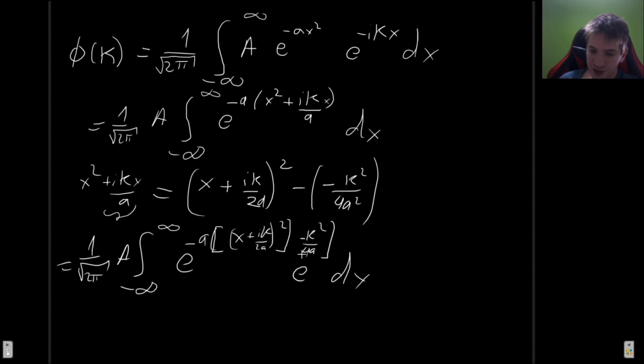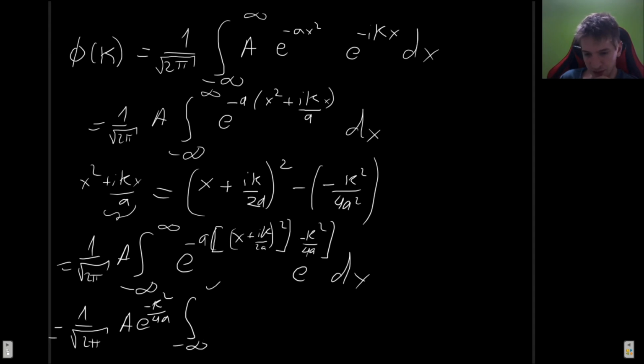And since this does not depend on x, we can just go ahead and pull it outside of the integral. So we get 1 divided by the square root of 2 pi times a times e to the minus k squared divided by 4a. Now comes the integral from minus infinity to infinity of e to the minus a times x plus ik divided by 2a, squared, dx.